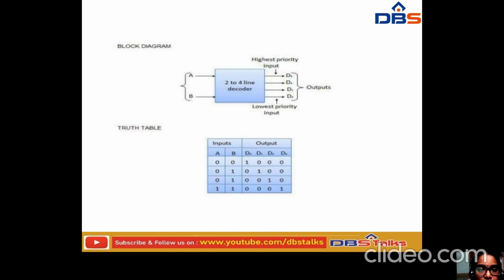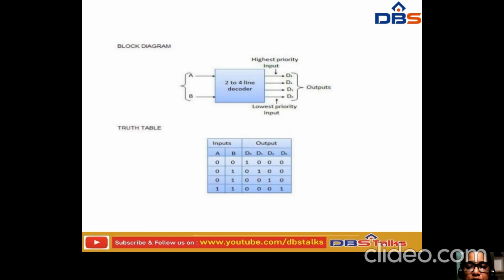So for 0 0, the possible output is D4, that is the fourth bit, 1 0 0 0. For 0 1, this is the third one, no? So at the third place we have to keep the 1 here. This is D2. So at the second place we have to keep the 1. This is D3. So at this third place we have to keep 1 here. Okay.